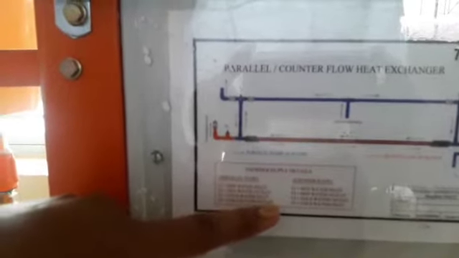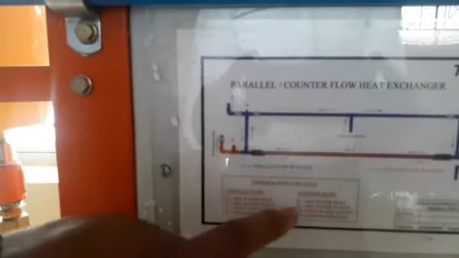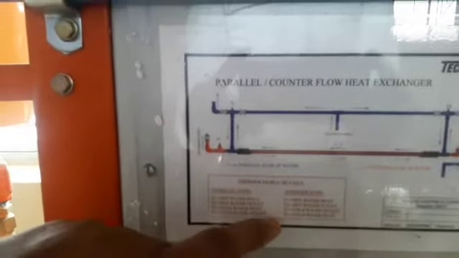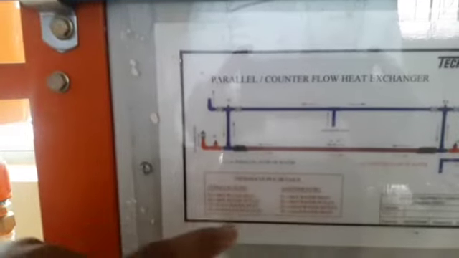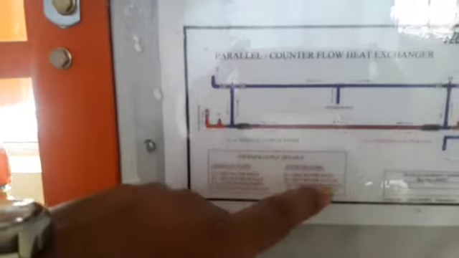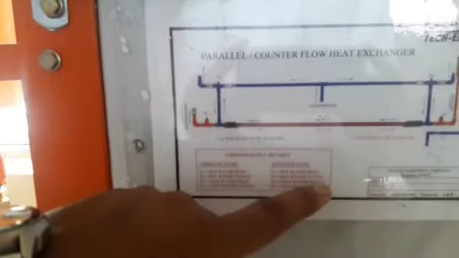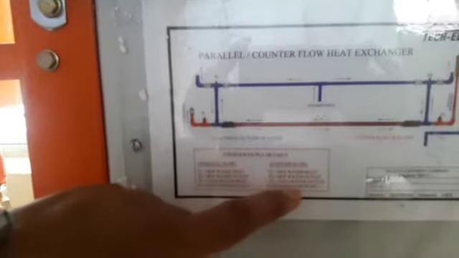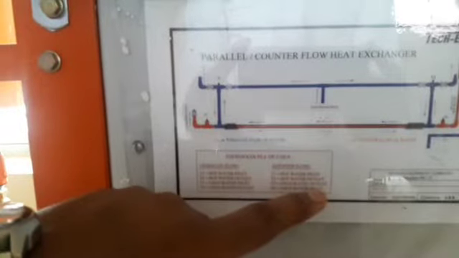For counter flow, T1 is the hot water inlet and T2 is the hot water outlet, with no change in these. T3 is the cold water outlet temperature and T4 is the cold water inlet temperature.